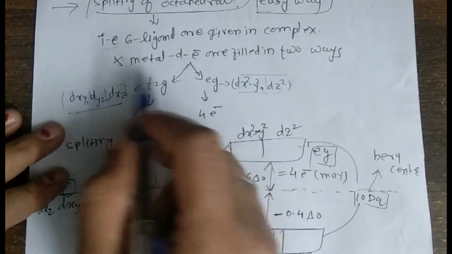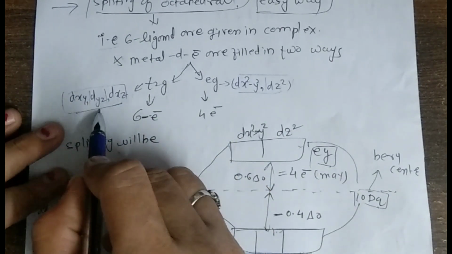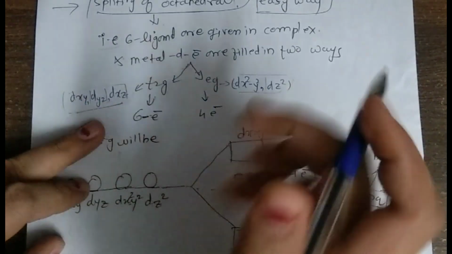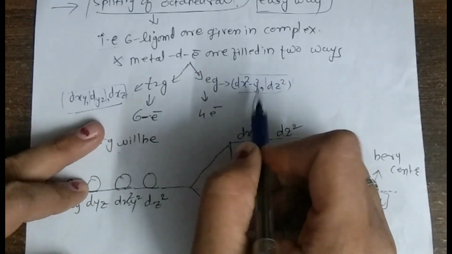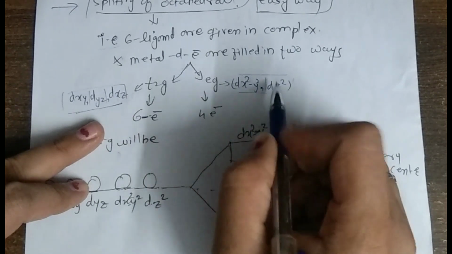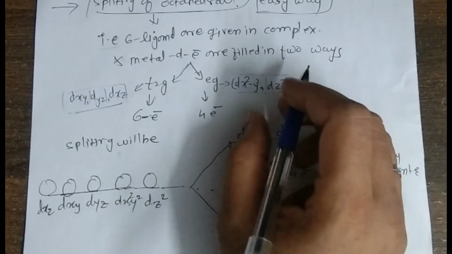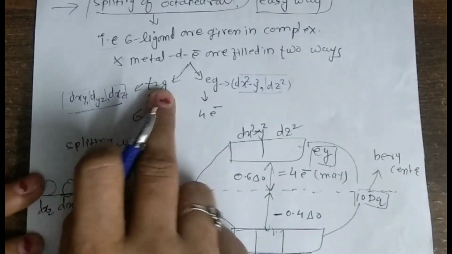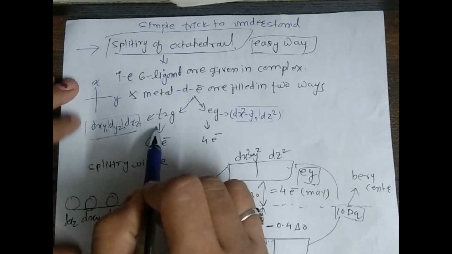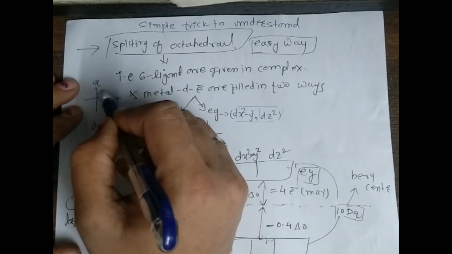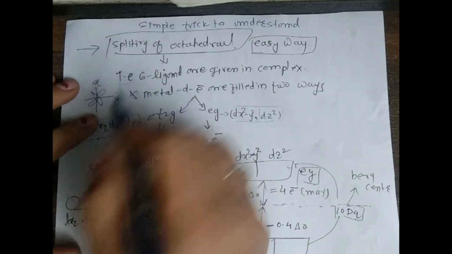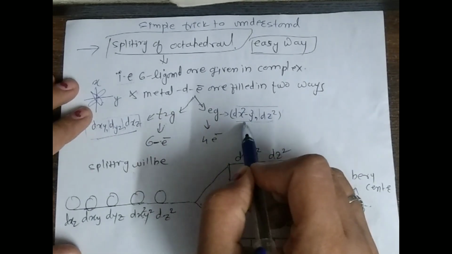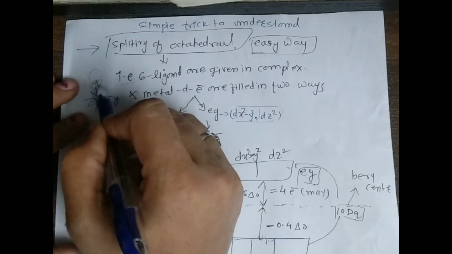In the T2g set there are dxy, dyz and dxz. These three orbitals are present, and in the Eg set there are dx square minus y square and dz square. The T2g set of orbitals lies between the axes, or we can say between the lobes, whereas the Eg set of orbitals lies along the axes.